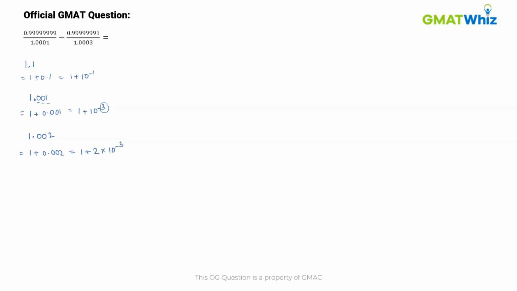power minus 3. Now, let's understand the concept when we subtract a number. Suppose we have the decimal 0.9. This can be written as 1 minus 0.1, which can be written as 1 minus 10 to the power minus 1. Similarly, 0.99 can be written as 1 minus 0.01, which is equal to 1 minus 10 to the power minus 2.